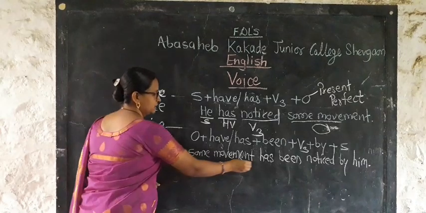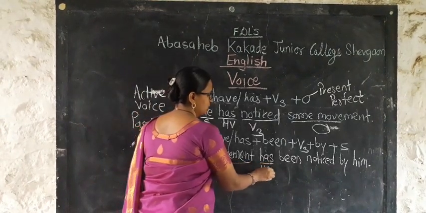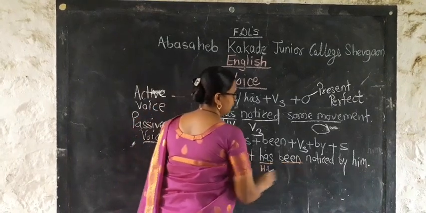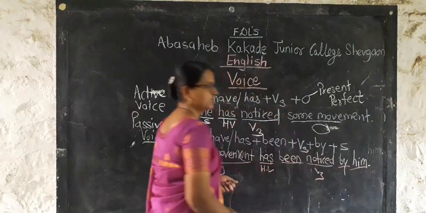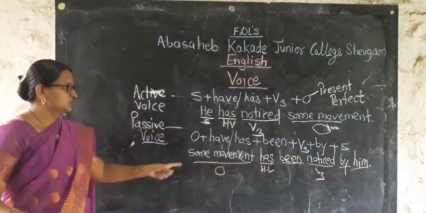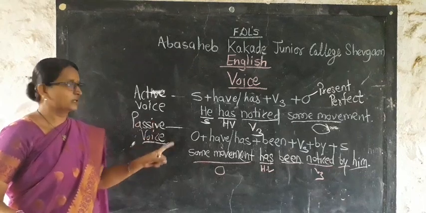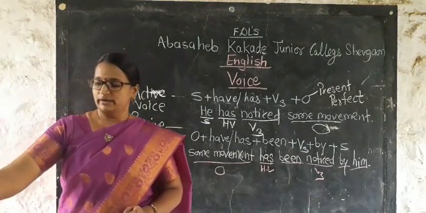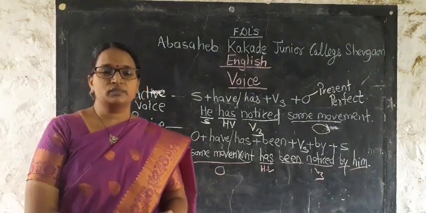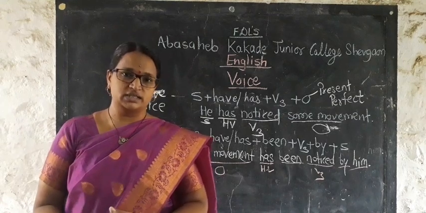Here we begin our sentence with object, then have or has helping verb, then been noticed V3 plus by plus subject him. So this is how we have the structure of present perfect of active voice and passive voice. And next type of sentence is present perfect continuous tense.